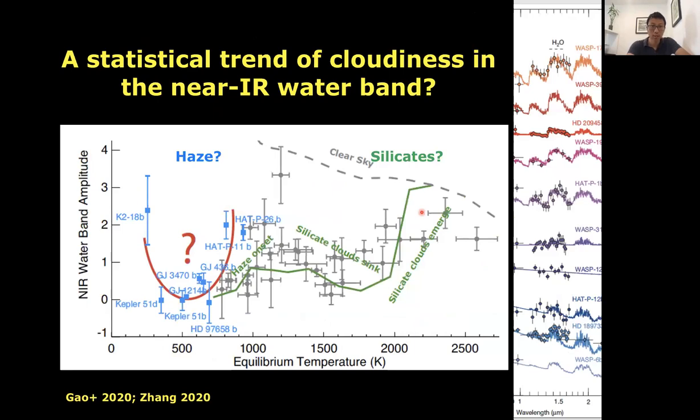And recently we also found the statistical trend of cloudiness. The idea is to measure how much the water infrared band amplitude got muted, and then use that as a proxy of how cloudy the atmosphere is, and plot it as a function of equilibrium temperature.